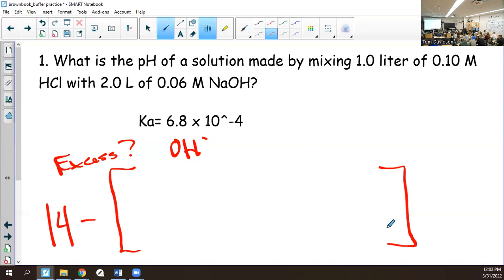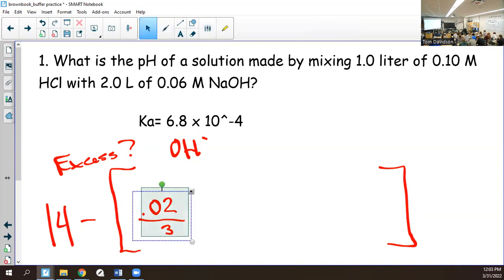Okay, so this math, what was the concentration of excess hydroxide? 0.02. Divide by 3. Are we okay with that?